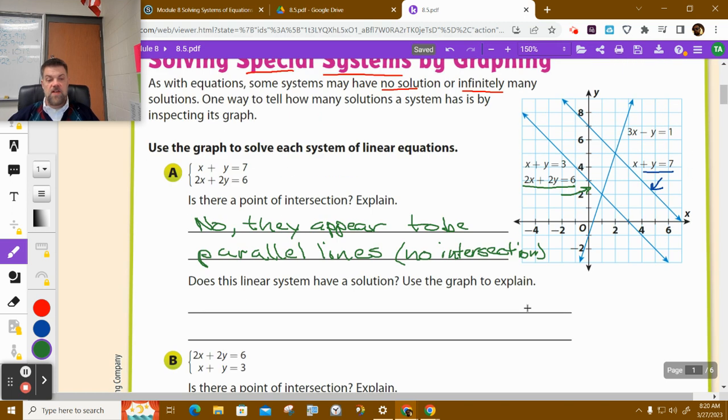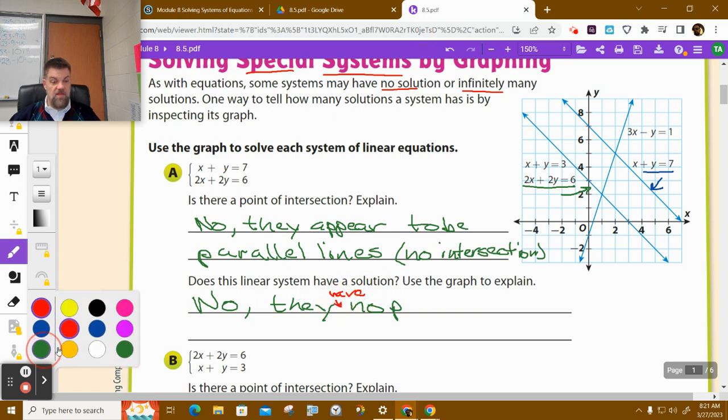So let's scroll down and answer the next question. Does this linear system have a solution based on the graph? The short answer is no. And you would say, well, I'm going to word it a little fancier, they have no points in common.